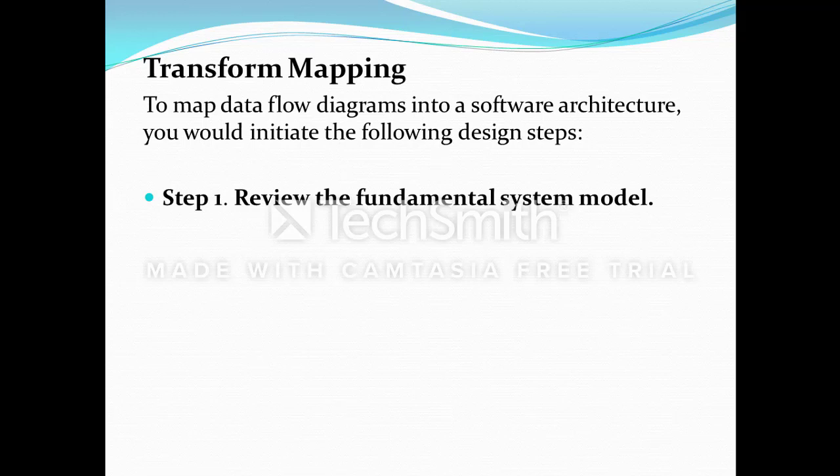The fundamental system model or context diagram represents the external components, like external producers and consumers of data that flows into and out of the function. It allows a single transformation of data.